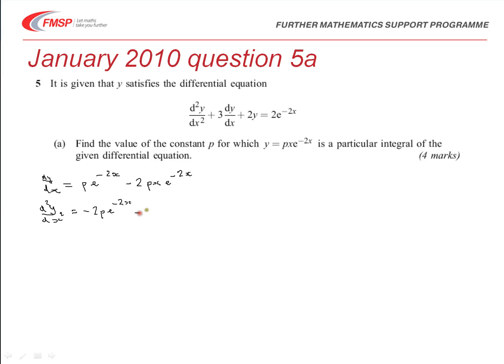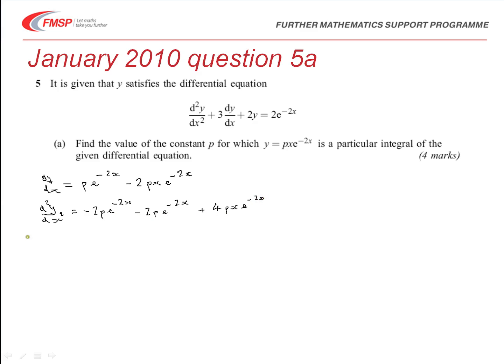So differentiating the minus 2px gives us minus 2p e to the minus 2x, and then differentiating the e to the minus 2x, we get another minus 2 times the minus 2, so that becomes plus 4px e to the minus 2x.